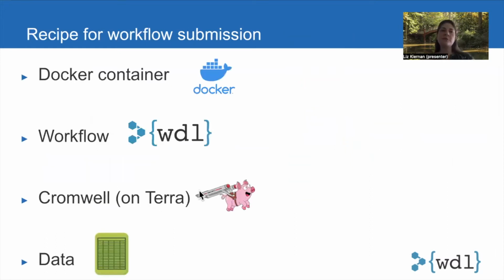So there are essentially 4 things that you need in order to successfully run your WDL script in the cloud in Terra. You need a Docker container. This is like a portable package of software and dependencies, which I'll go more into in a moment. You need your workflow, your script written in the workflow description language, WDL. You need an execution engine to run that workflow.